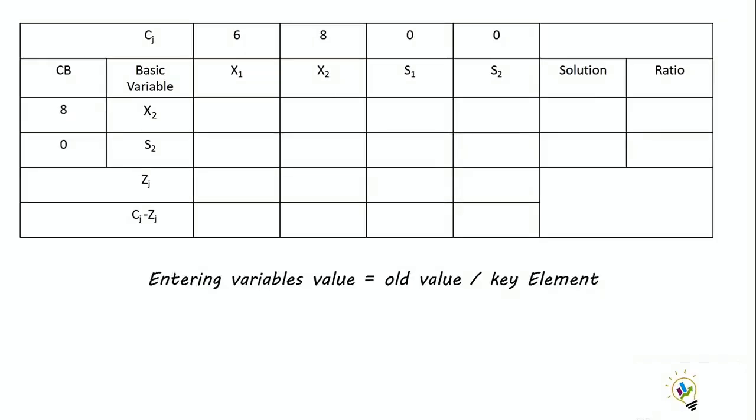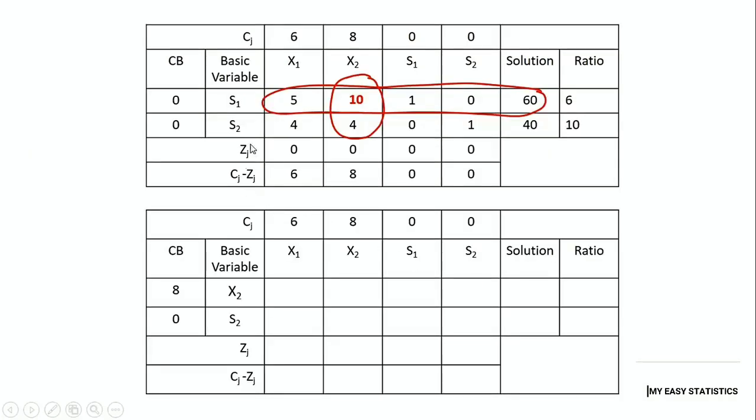Now x2 has entered. To find its coefficient values, we need to use the formula old value divided by key element. What is the key element? If you see this table, the row and column are intersecting.